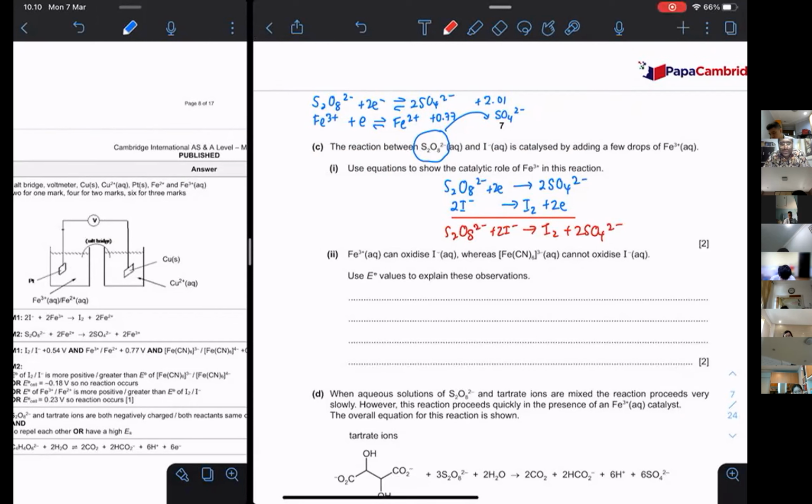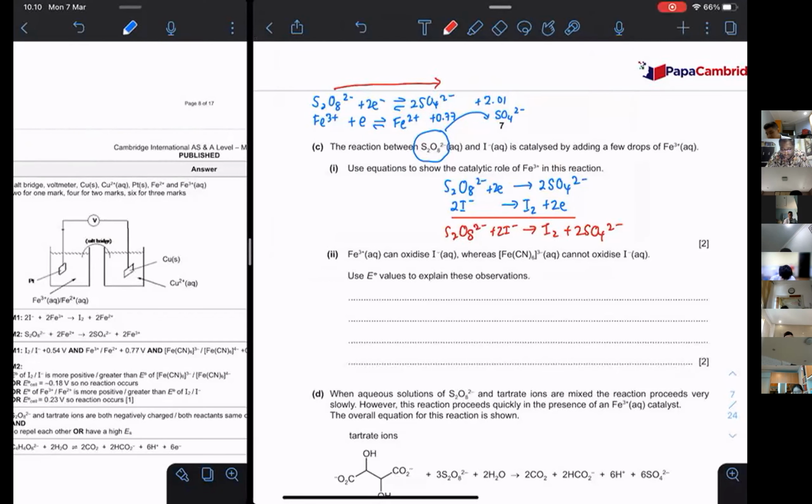So what you need to do first is related to your Fe3 plus. Do remember, if you look at the data value for Fe3 plus, you want this first equation to go to the right.